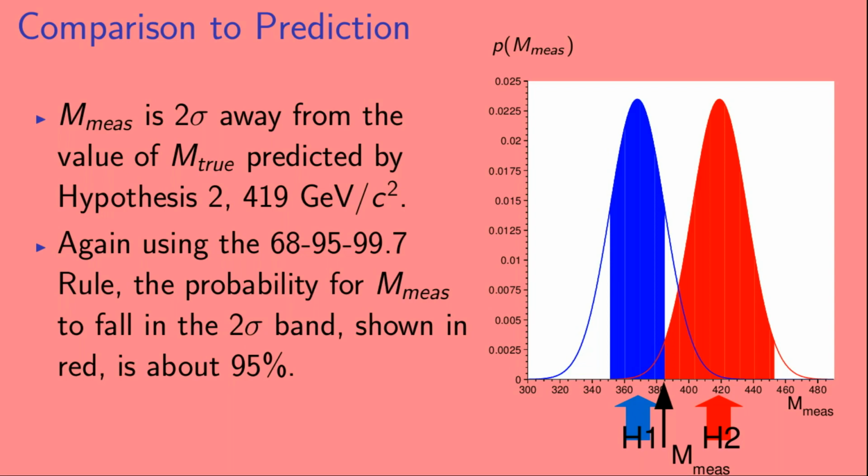M measured is 2 sigma away from the value of m true predicted by hypothesis 2, 419 GeV/c². Again, using the 68, 95, 99.7 rule, the probability for m measured to fall in the 2 sigma band, shown in red, is about 95%.